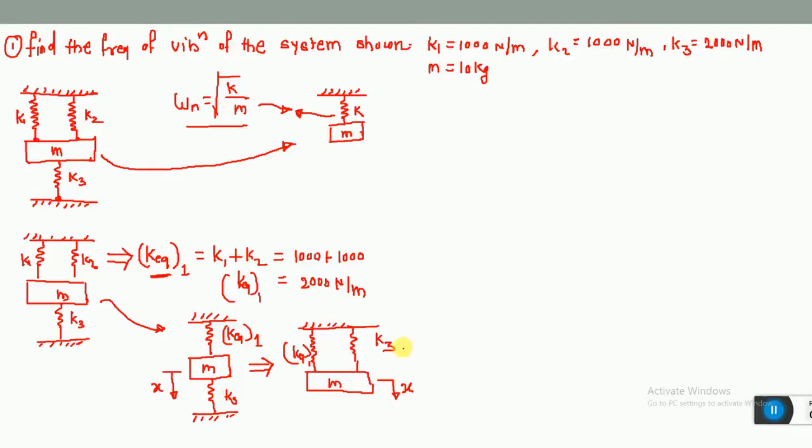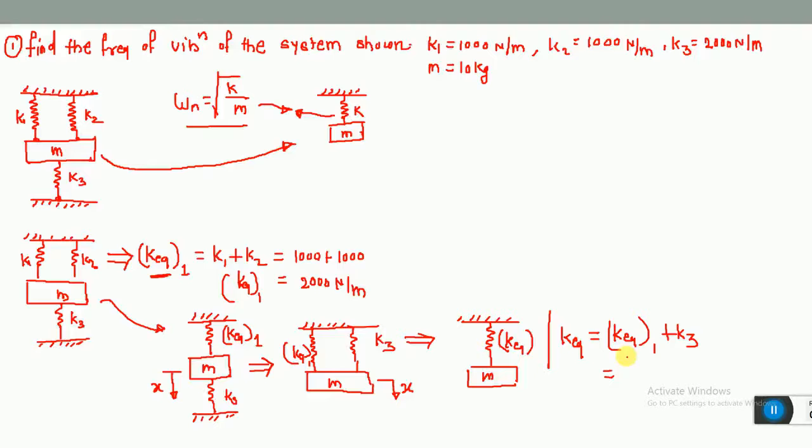Now we have to convert these two springs into a single spring. So this is the total K equivalent, and this value K equivalent is equal to K equivalent 1 plus K3.